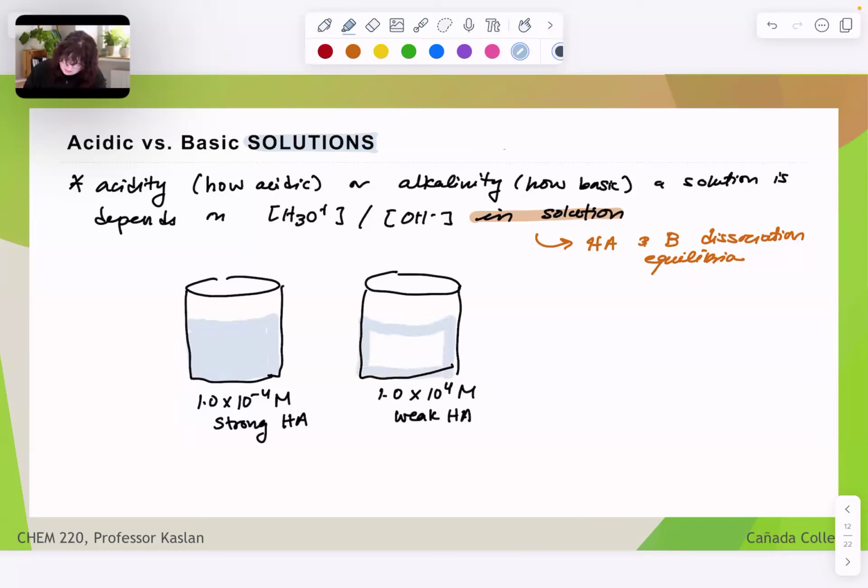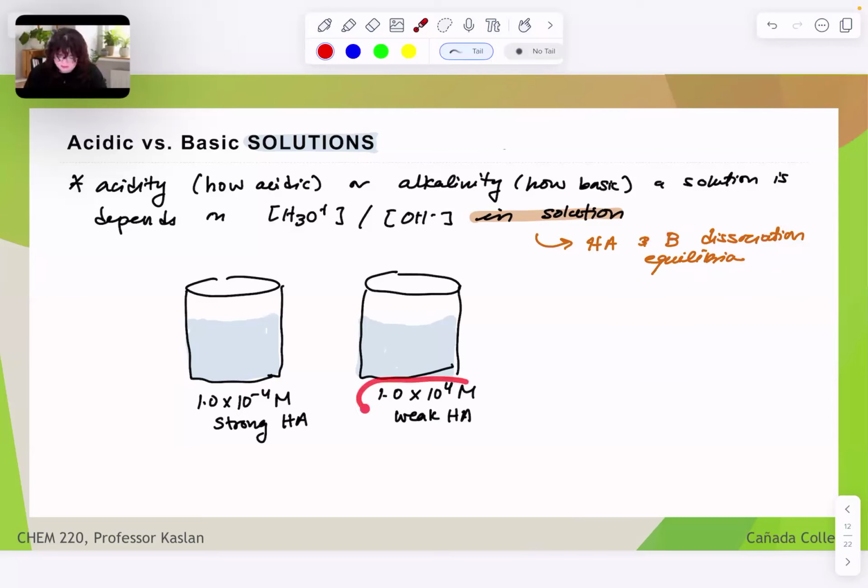And I think we intuitively understand that this level of acidity is not necessarily always going to correlate with whether we have a strong or weak acid present, but rather how much of our acidic particles are present. So of course, this is going to require some analysis of the actual amount of acid particles, or base particles when talking about basicity, that are present in solution as a result of our dissociation equilibrium.